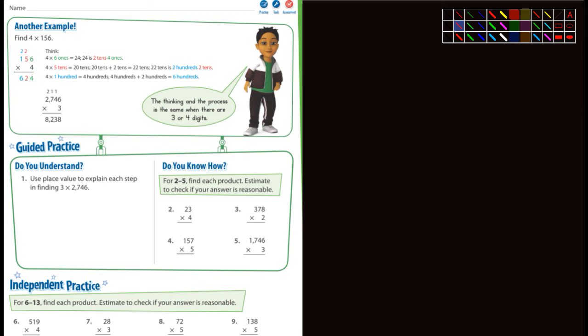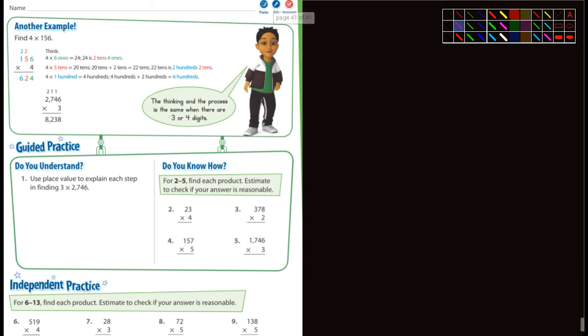And then 4 times 5 is 20, plus 2 more is 22, so they put down the 2 and carried the other 2, as you can see there. And then finally, 4 times 1 is 4, plus 2 more is 6, 624. All right.